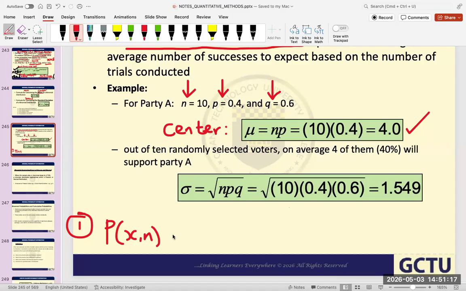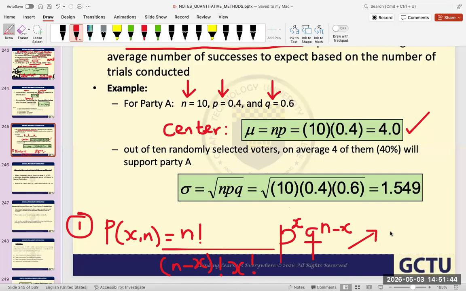P(x) = n factorial divided by (n minus x) factorial times x factorial, p to the power x, q to the power n minus x. So this will be for the shape.